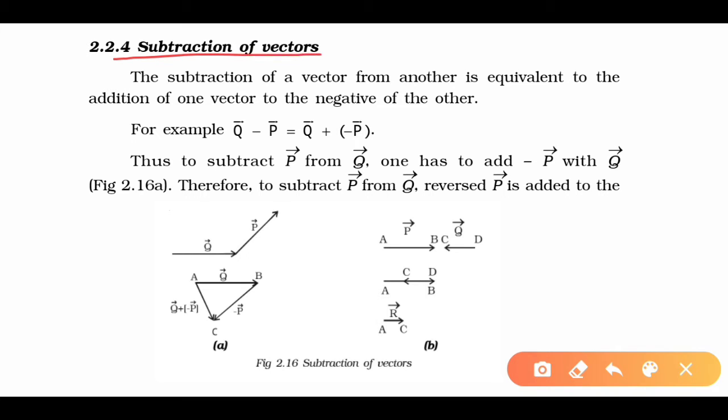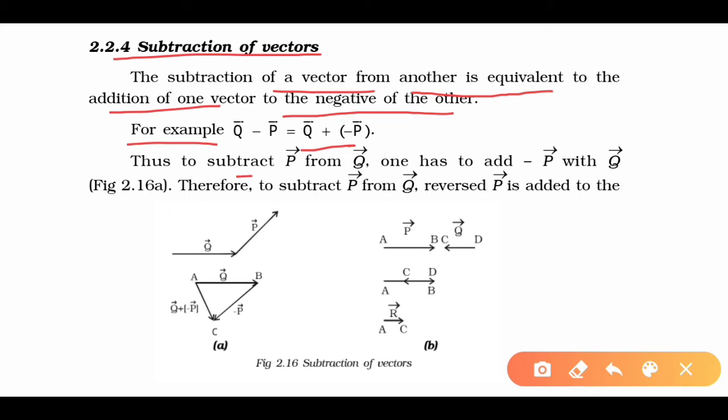Subtraction of vectors. The subtraction of a vector from another is equivalent to the addition of one vector to the negative of the other. For example, q minus p is equal to q plus minus p.